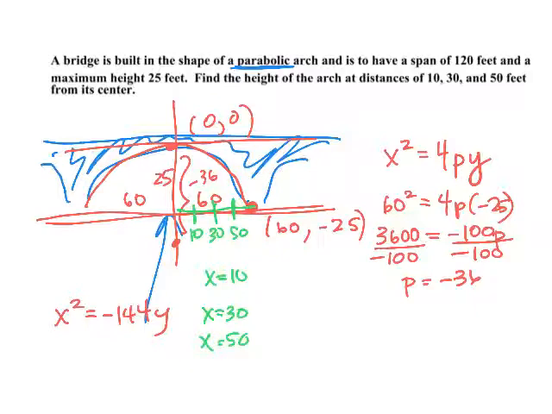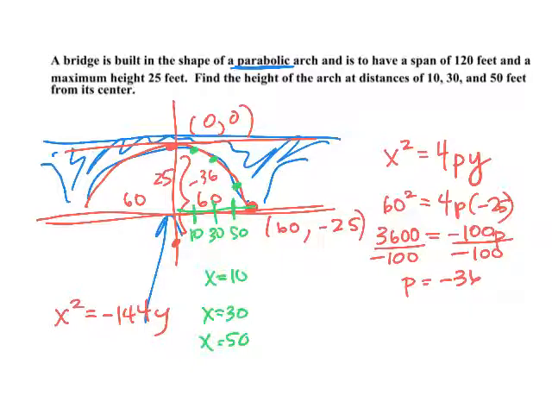And we will get negative values, right? Because we're going to have this point here, and this point here, and all we need to do is add those negative values to 25, the maximum, and we'll get the height at the different places on the arch.